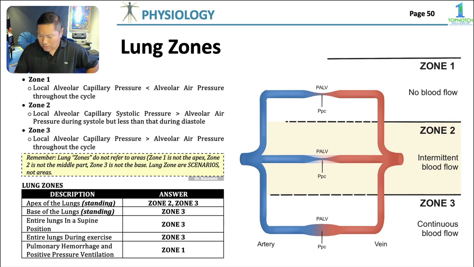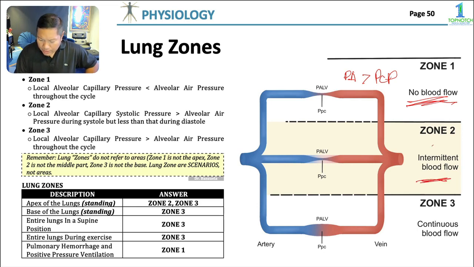What are these scenarios? Zone 1 is a scenario wherein there's no blood flow to that particular pulmonary capillary. In this, the pulmonary alveolar pressure, okay, is greater than pulmonary capillary pressure, whether systole or diastole. So the alveoli will compress on the pulmonary capillary, no blood flow.